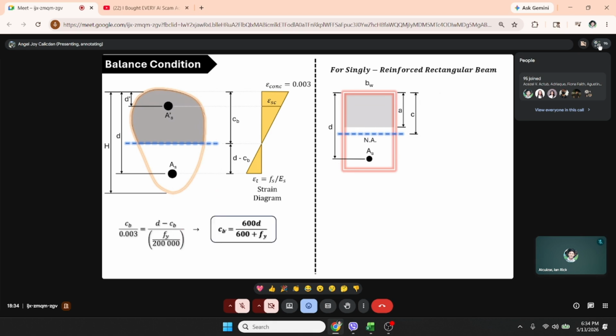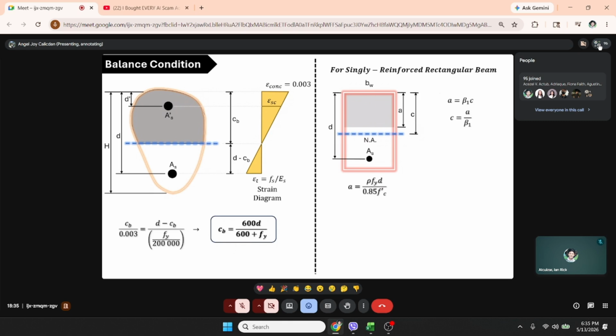We'll get the value of cb equal to 600d over 600 plus Fy. And from the code, a is equal to beta 1 c. And rearranging, you get c equals a over beta 1.